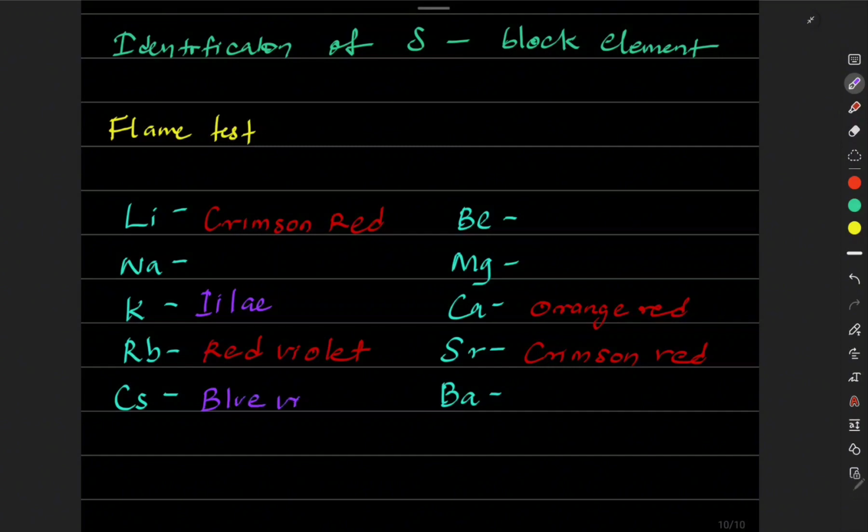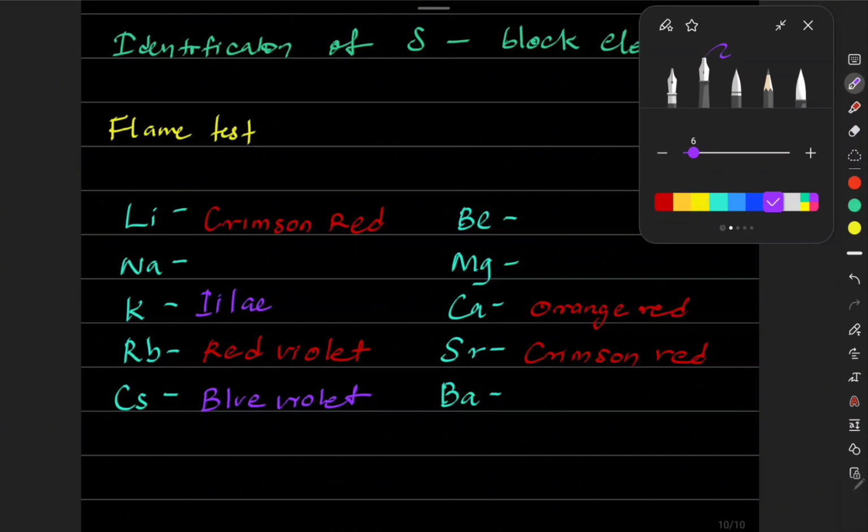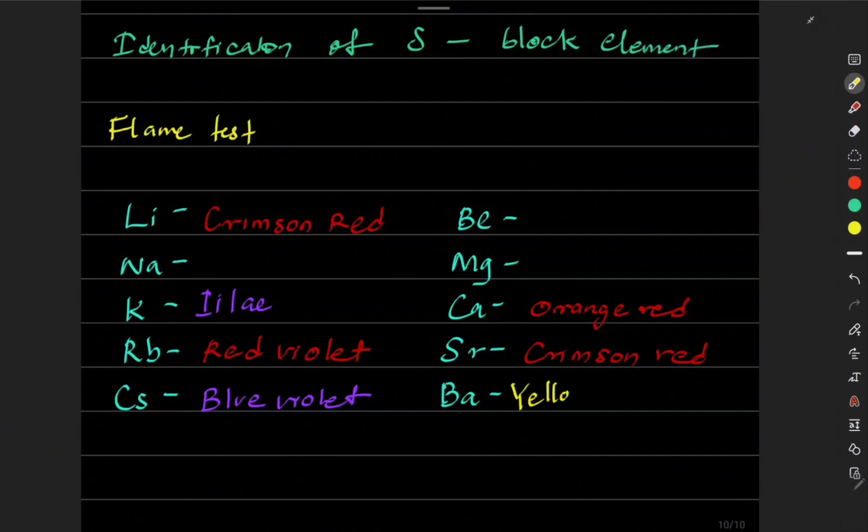Cesium, blue violet. Barium, yellowish green. Sodium, yellow. Magnesium, no color change.